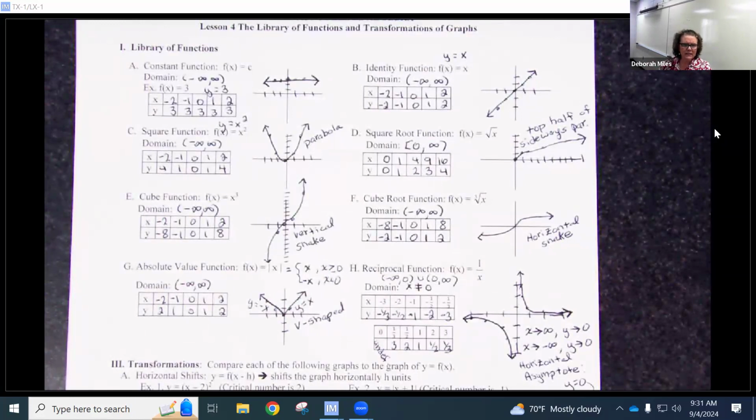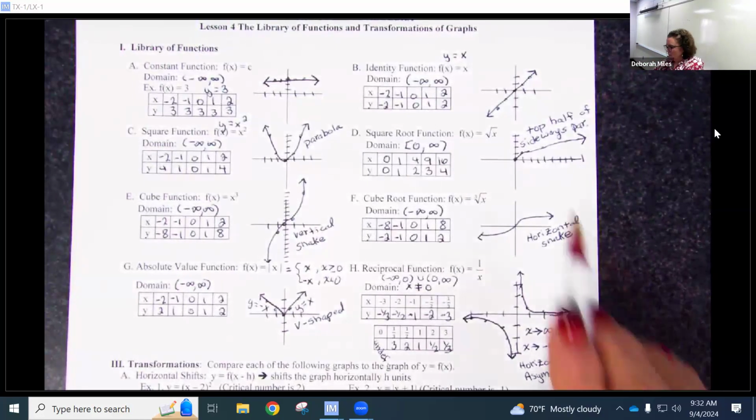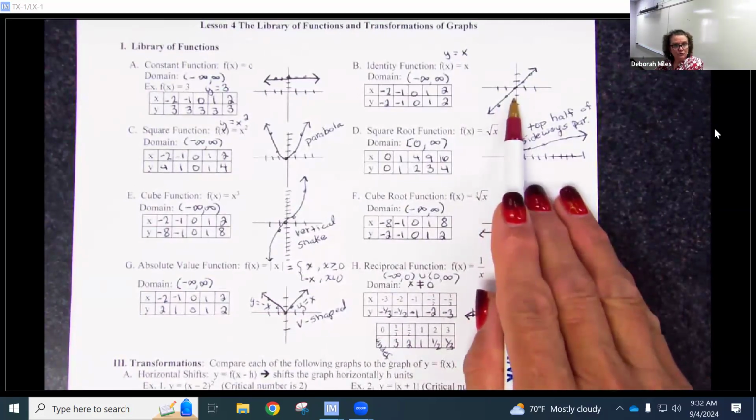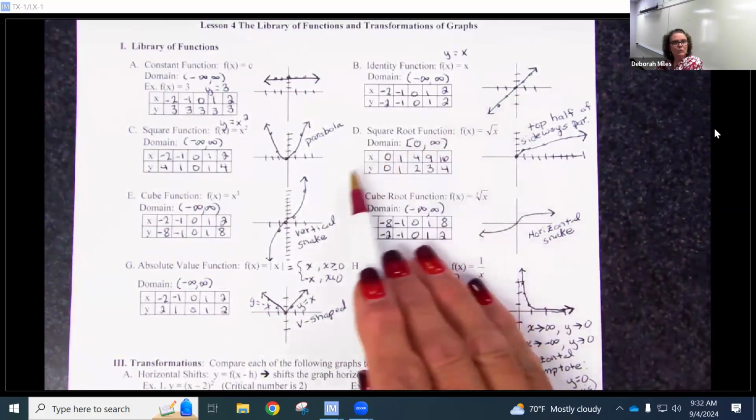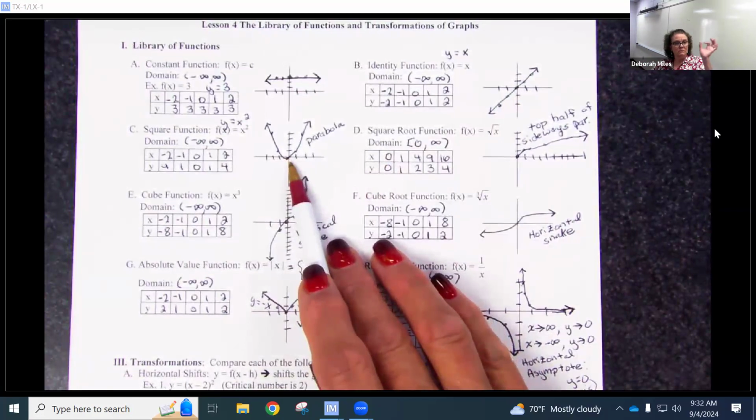And I'm going to say most of them do something important. There's more mathematical language for that in calculus, but I'm going to say most of these do something important at the origin. Y equals x goes through the origin. Y equals x squared.